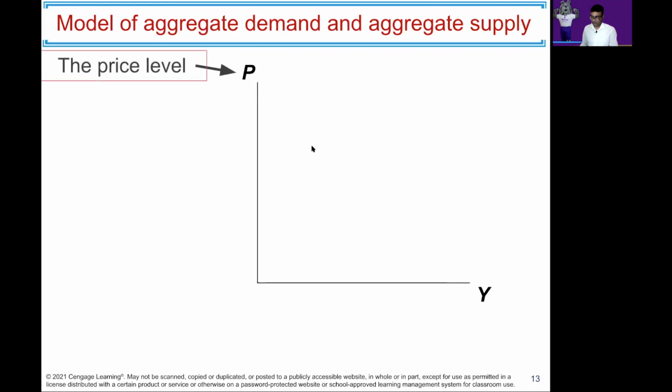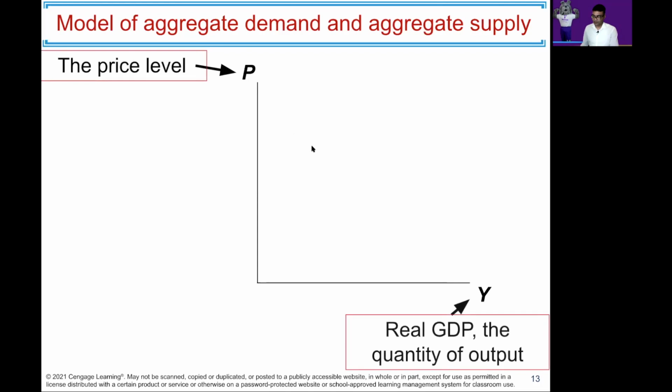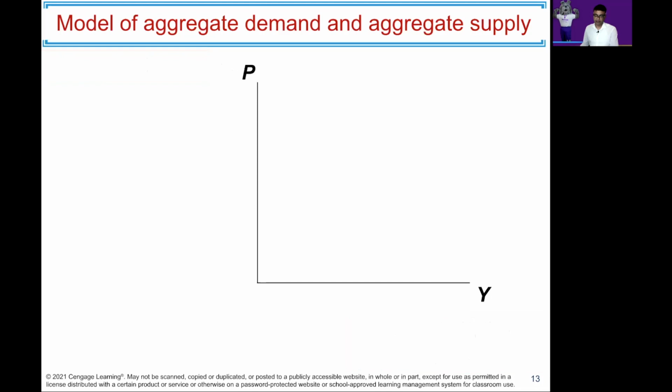Okay, so this is your price level, and here you have real GDP or the quantity of output. And then you have an aggregate demand curve, which is downward sloping.